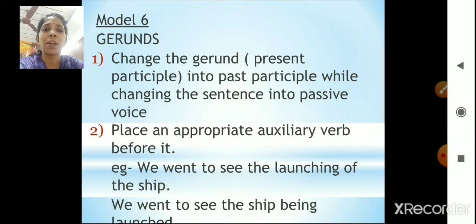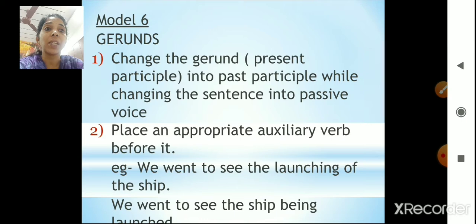For example, running, launching, flying. When a sentence with a gerund has to be changed into passive voice, the present participle form of the gerund has to be changed into past participle.